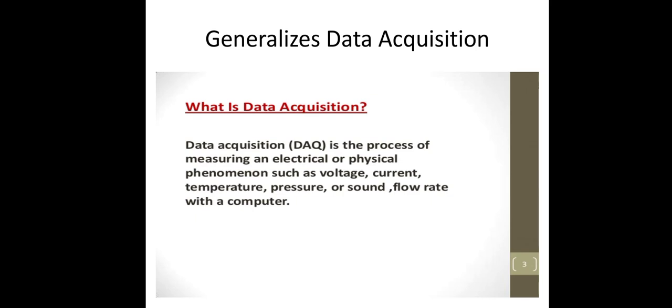Now, next is the data acquisition systems. The data acquisition system is the conversion of the process and the electric or physical phenomenon, such as voltage, current, temperature or sound flow rate, with the computers.